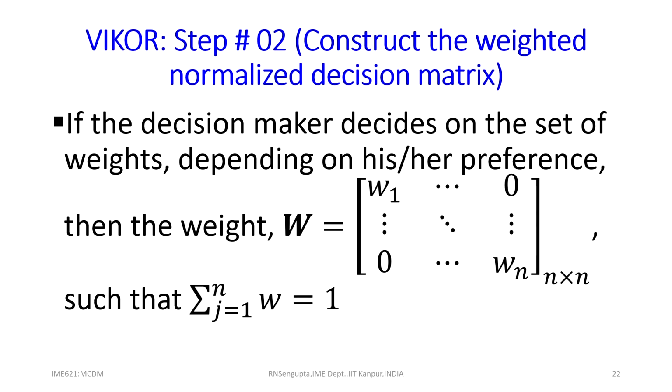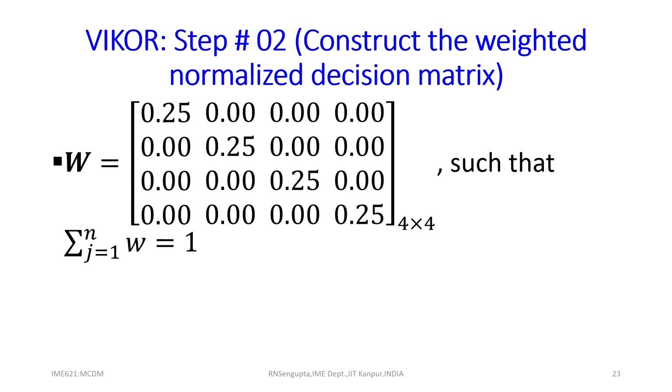Now, the decision maker wants to put weights W1 to Wn for each criteria, where the weights are between 0 and 1, and the weights add up to 1, which I did mention, again I am repeating. And here for these 4 criteria, each weight is equal, it is 1 by 4.